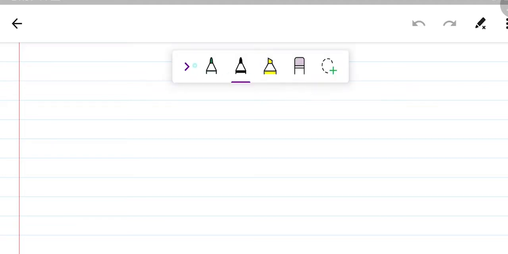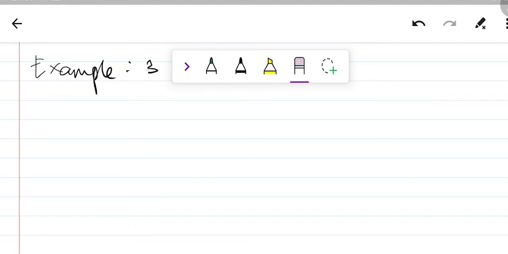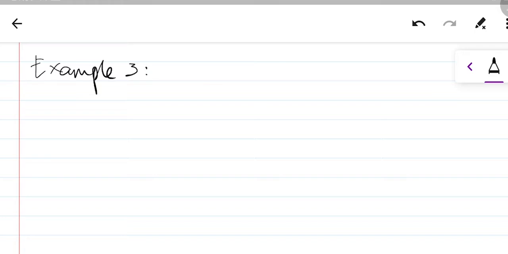Now we study example number 3. Let's say we have one car, pulling a caravan.